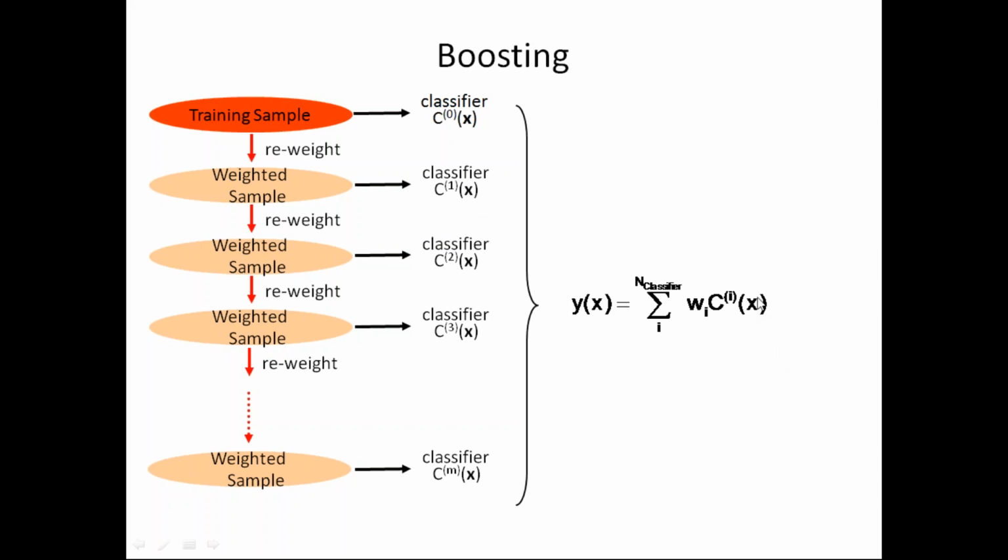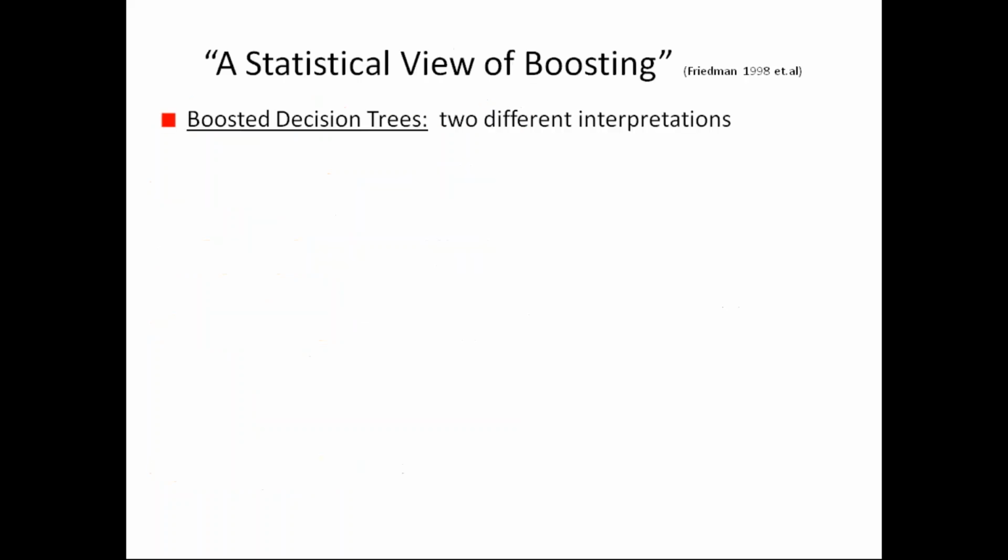This is basically the result of the decision trees. The result of the decision tree multiplied by the weight, and then you sum it up over all the classifiers. And then you say that okay, this is my answer. This is my label. This is my result. So this is how boosting is done.